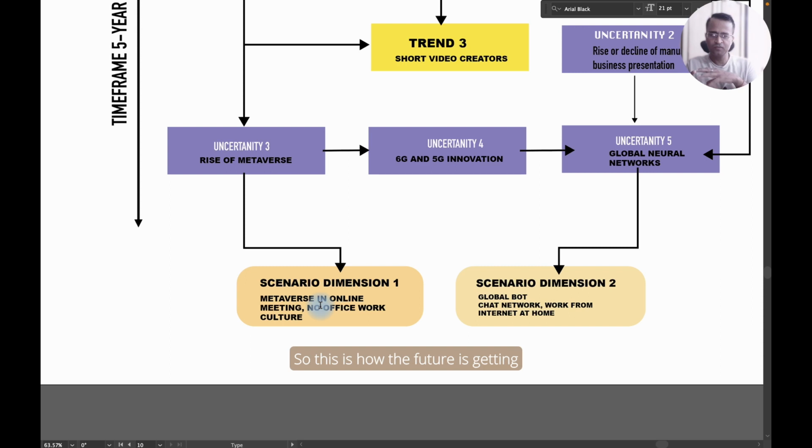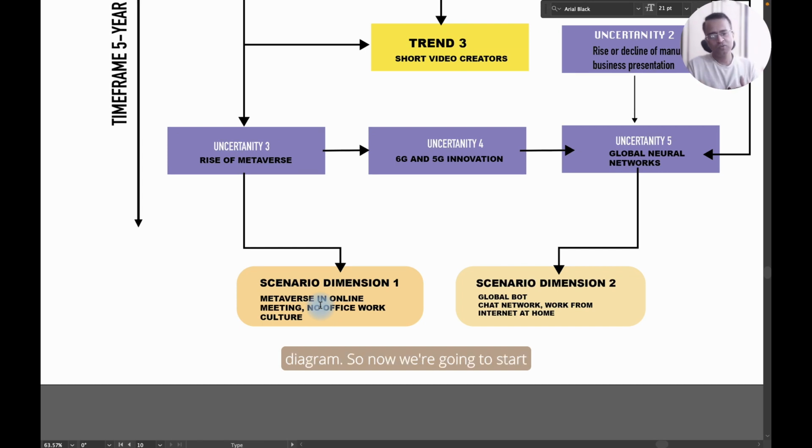So this is how the future is getting developed. People might not find it useful to go to the office and work there, but rather working from home will be appreciated by the employees or the consumers. So this is how you need to look into our uncertainty matrix and the uncertainty influence diagram.